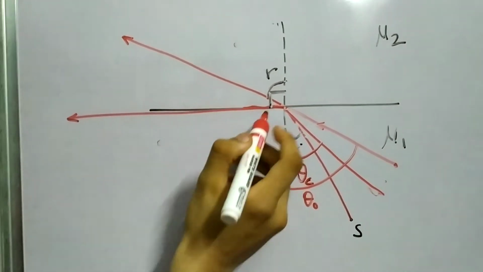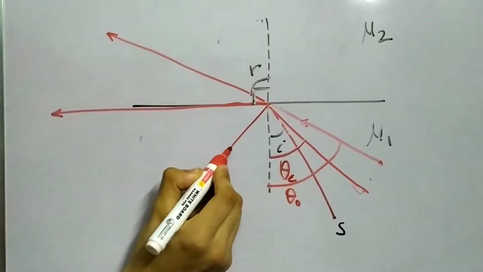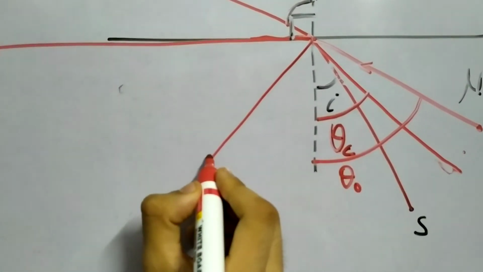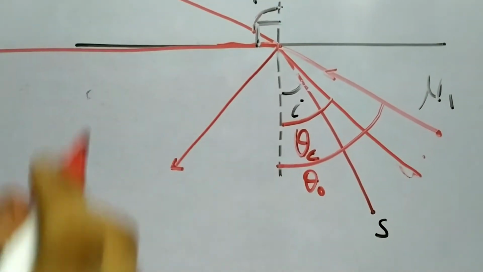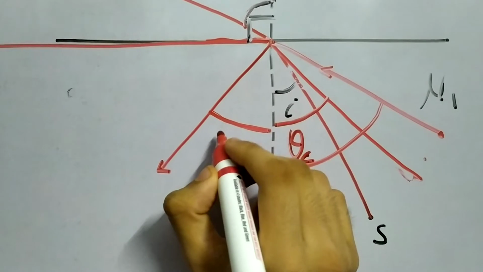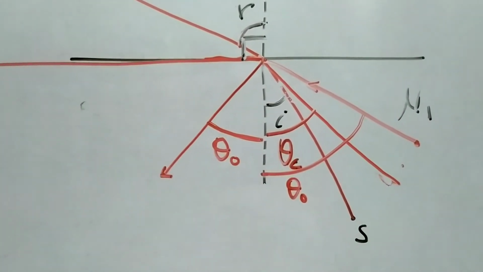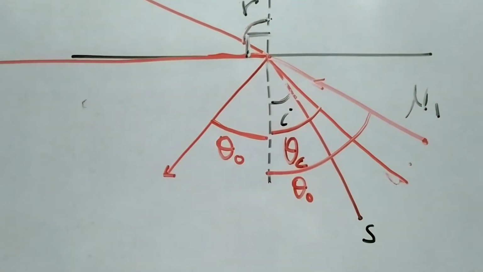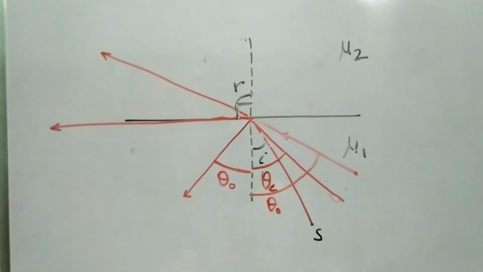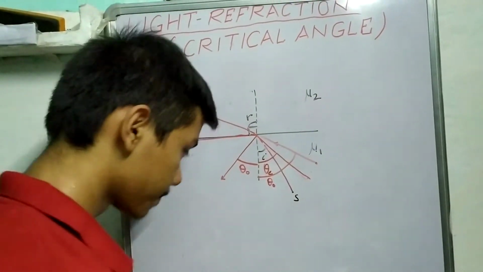Light will bend into the same medium, and it will obey all the laws of reflection. So the angle of incidence will become the angle of reflection. So this angle is theta naught, this angle will also become theta naught.